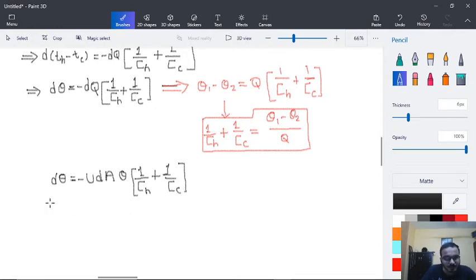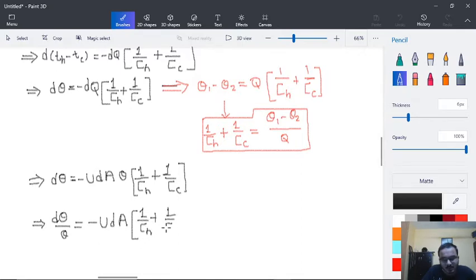So now d theta upon theta is equal to minus U dA into 1 over Ch plus 1 over Cc.